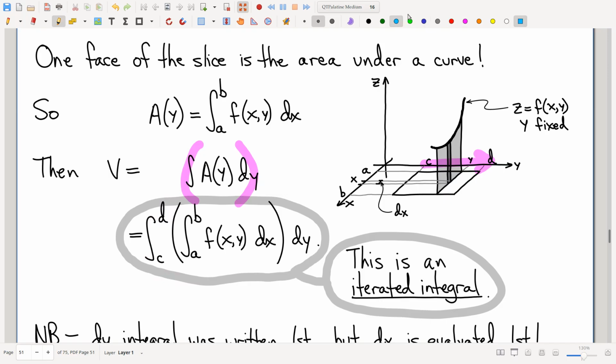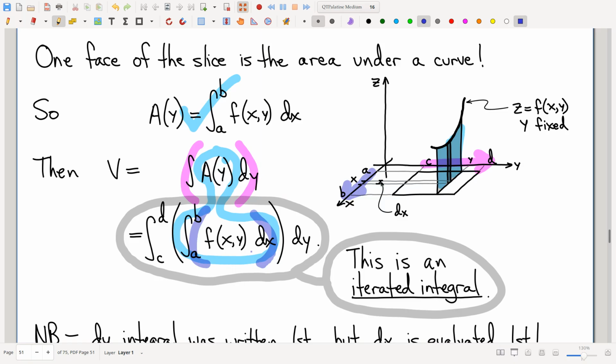Those individual volumes are areas times thickness, and the area we just computed is another integral. This area integral, of course, is an integral in the x direction because we go in the x direction to add up all the pieces of area that I have in light blue.